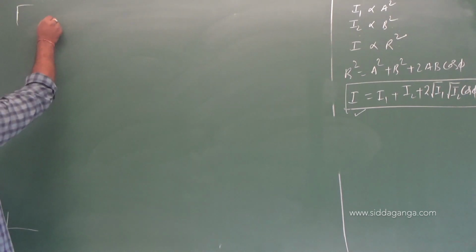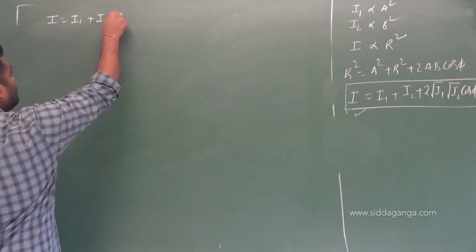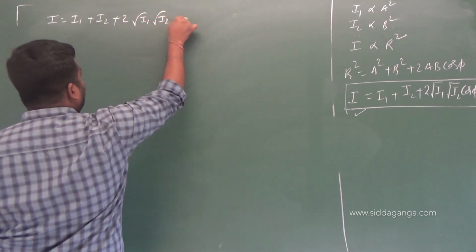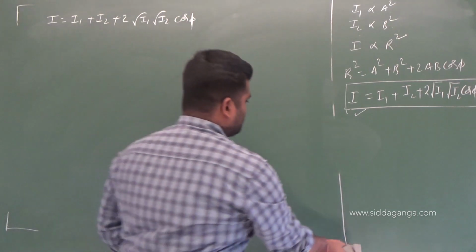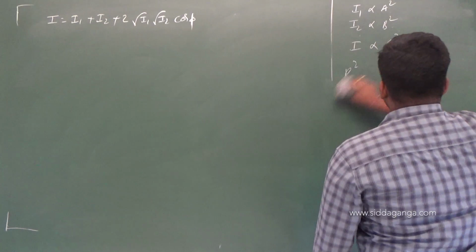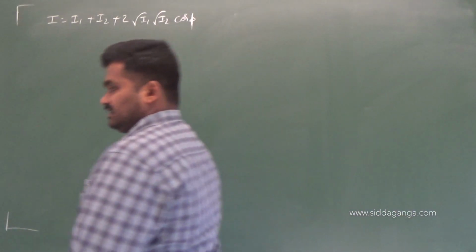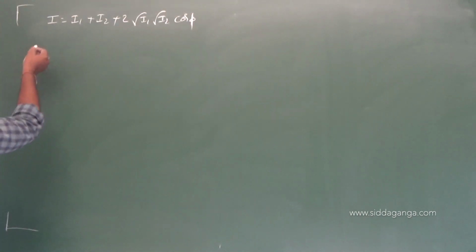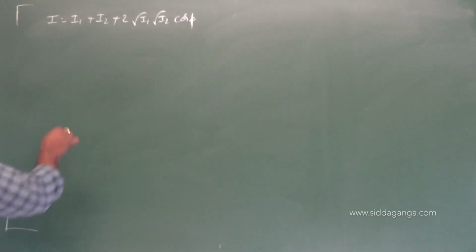Now I will rewrite this. I equals I1 plus I2 plus 2 root I1 into root I2 into cos phi. This is the resultant intensity when two waves of intensities I1 and I2 are superposed. Intensity is maximum when the resultant amplitude is maximum, that is constructive interference.